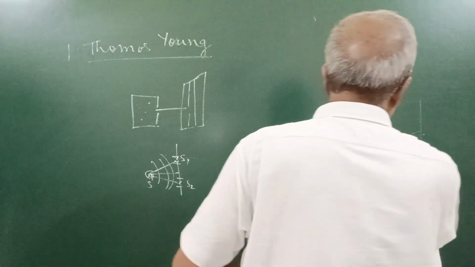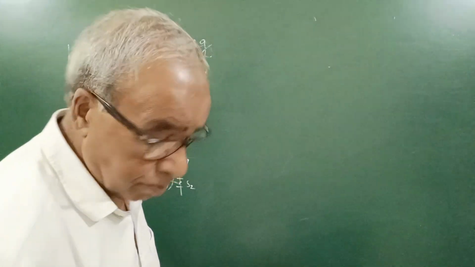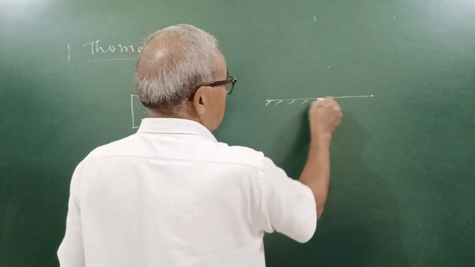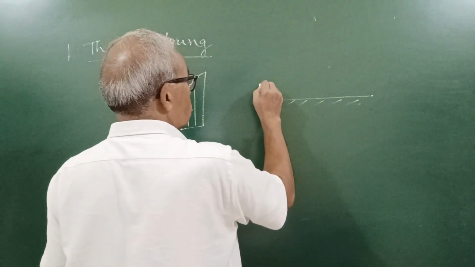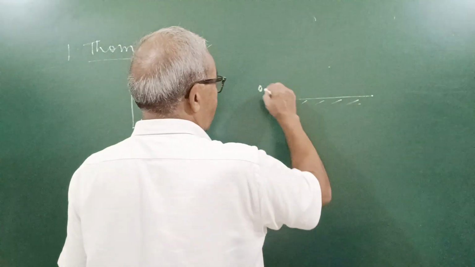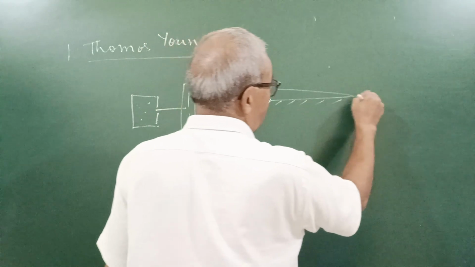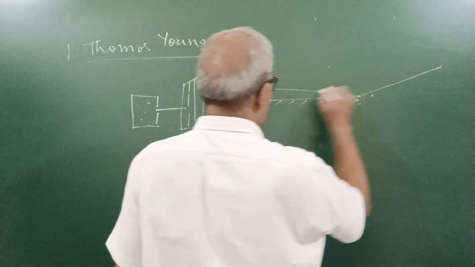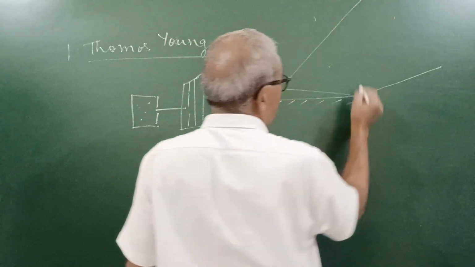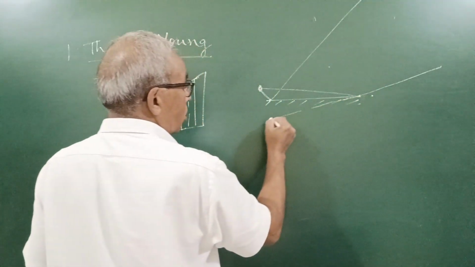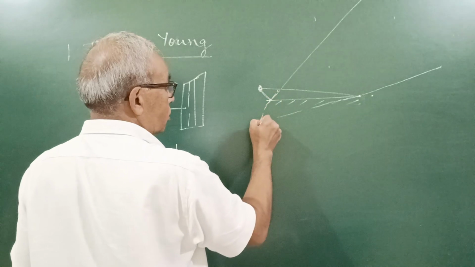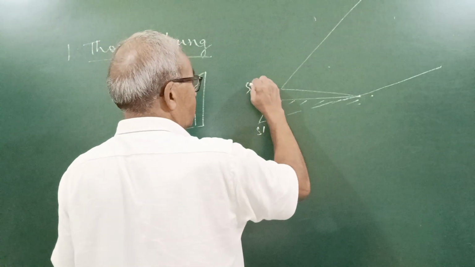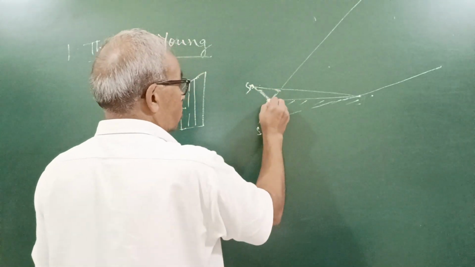Should I repeat it again? I am explaining again. Suppose it is a plane mirror here, and we put here a source of light. So light falls here as well as on the last corner, gets reflected back like this, like this. If we produce them back, we get here the image of this as this. It will be at the same distance from this.